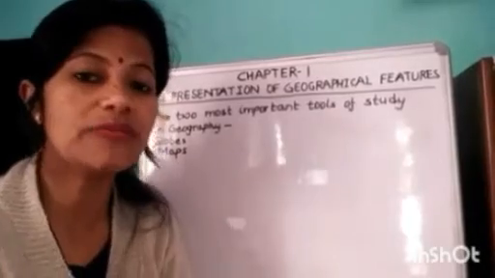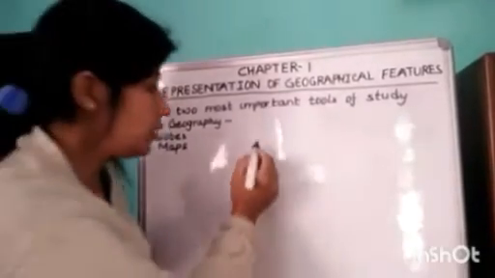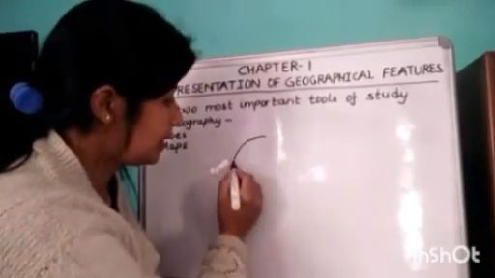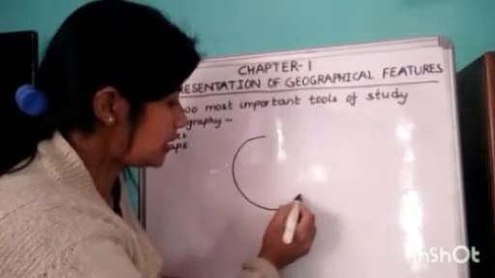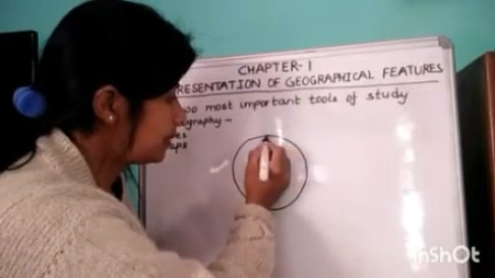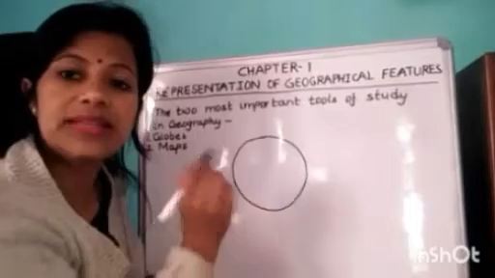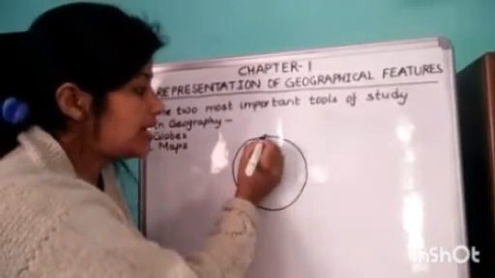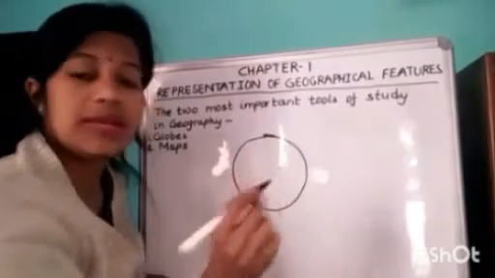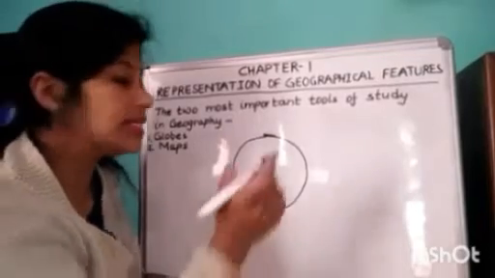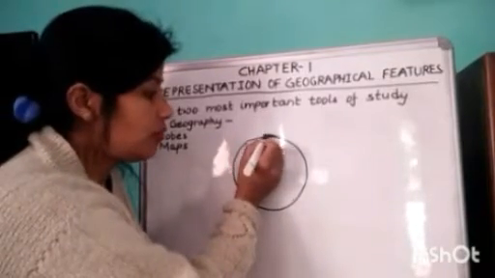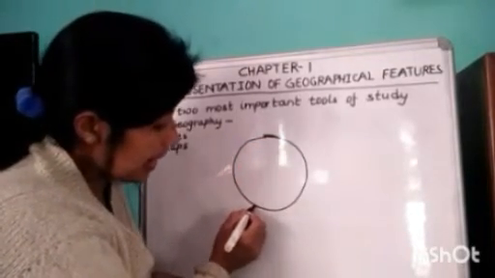Spherical. The meaning of spherical is, look here, the shape of the earth is this. This shape is slightly flat from here and here.